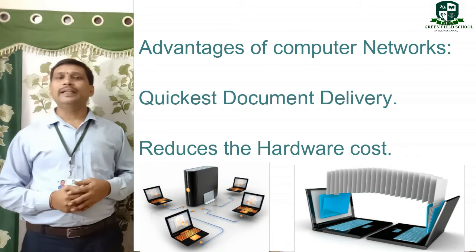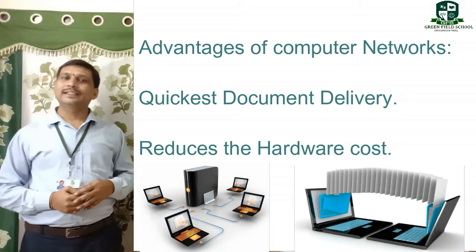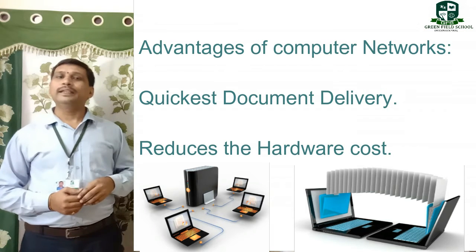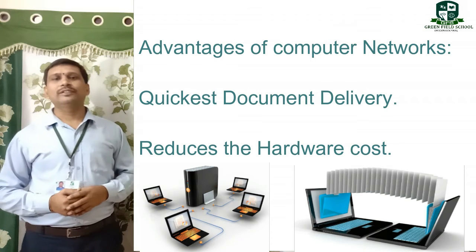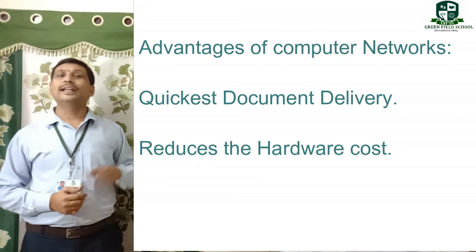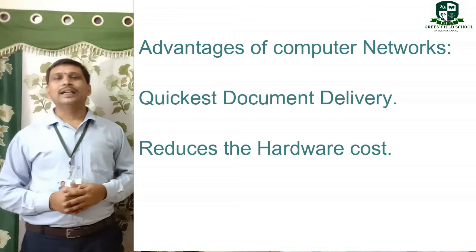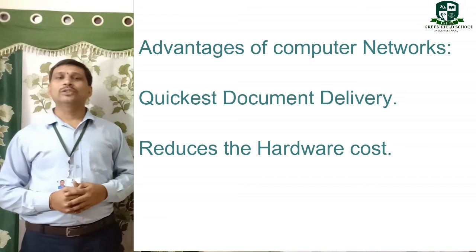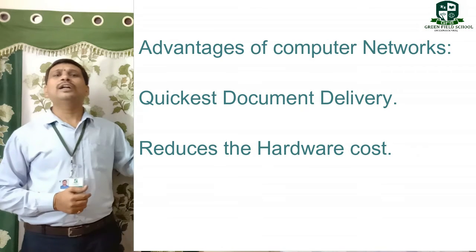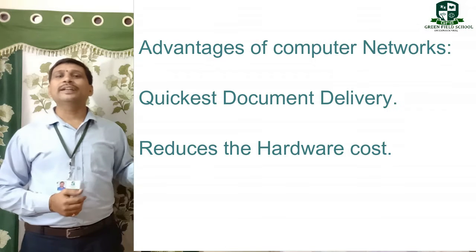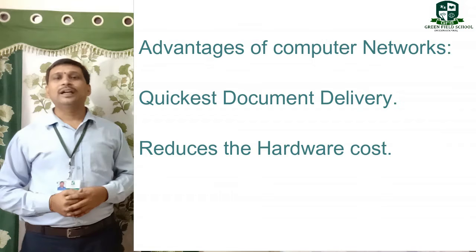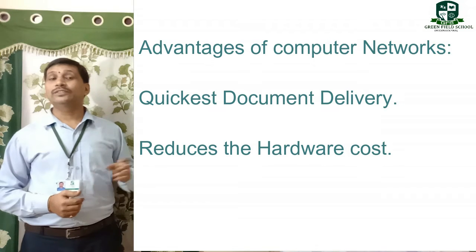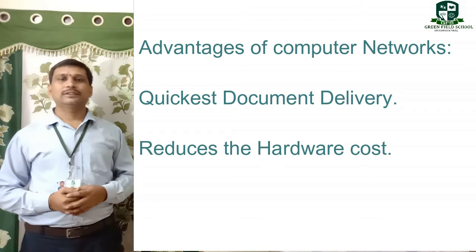All these remaining nodes or clients share only one printer in that network. So that's why we reduce the cost of remaining printers, scanners, and modems. A single printer is used by all the computers connected to that network. So it reduces the cost of the hardware. So that is one advantage.